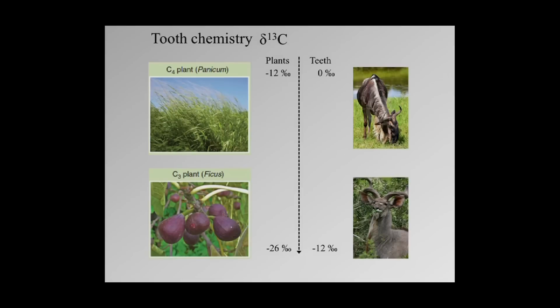The last line of evidence would be tooth chemistry. Where these hominins lived, there are basically two different types of photosynthesis going on. The ones that tropical grasses and sedges do, which is C4 plants, and the ones that trees and bushes and forbs do, C3 plants.